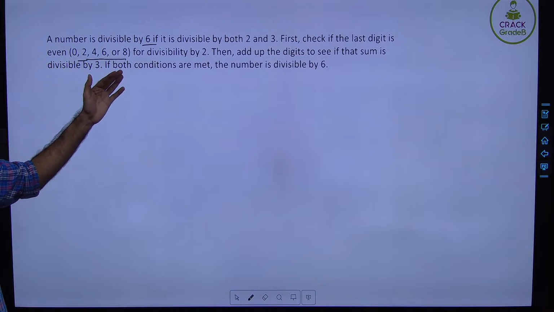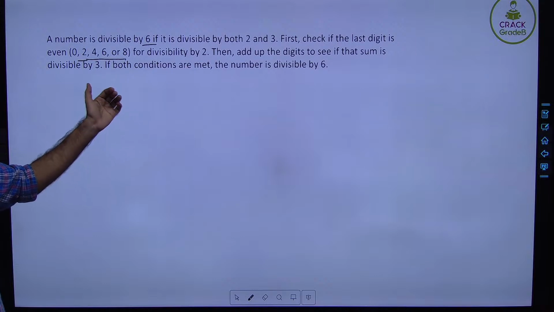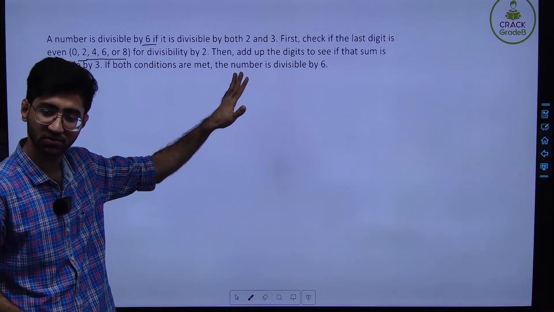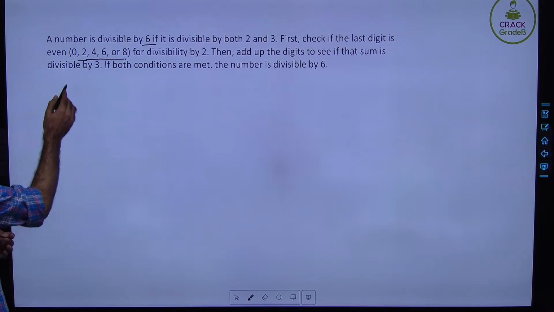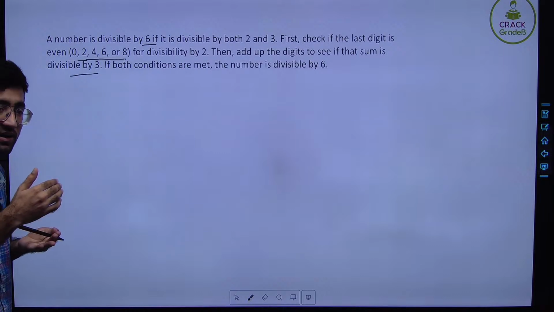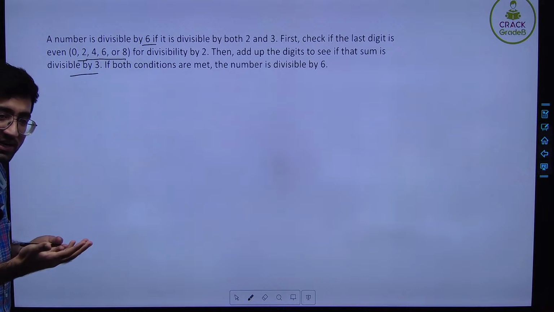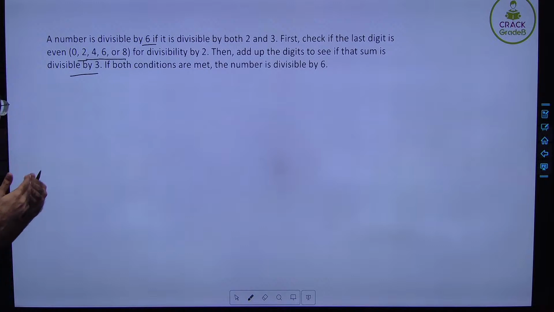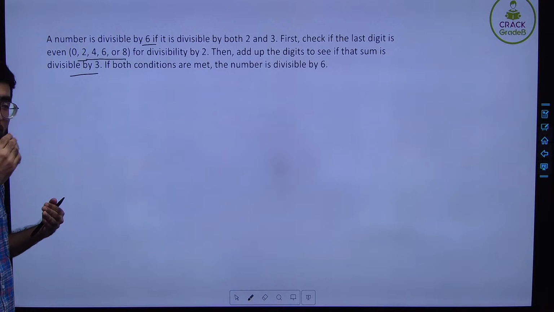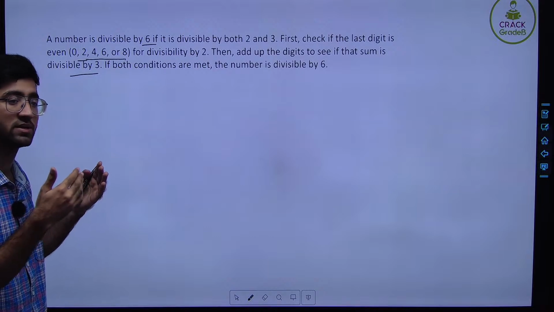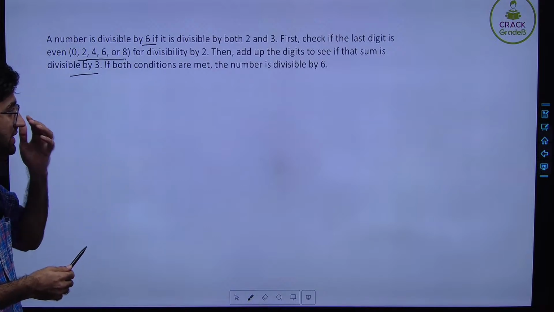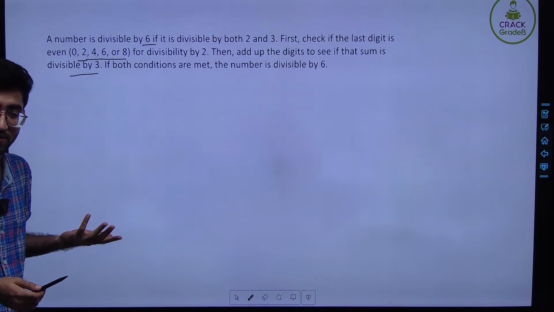If the last digit is 0, 2, 4, 6 or 8, that means the number is divisible by 2, right? Then you will add all the digits, and if the sum of the digits is divisible by 3, see, you have already learned the divisibility rules of 2 and 3. So basically, if a number is divisible by both 2 and 3, then that number is divisible by 6.